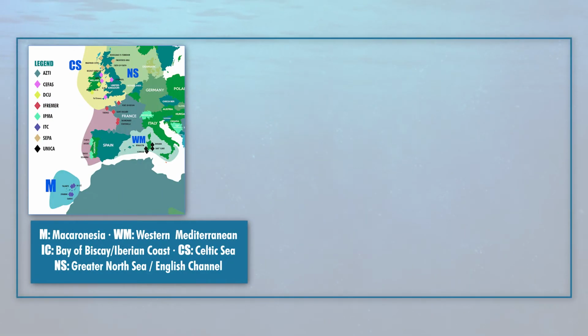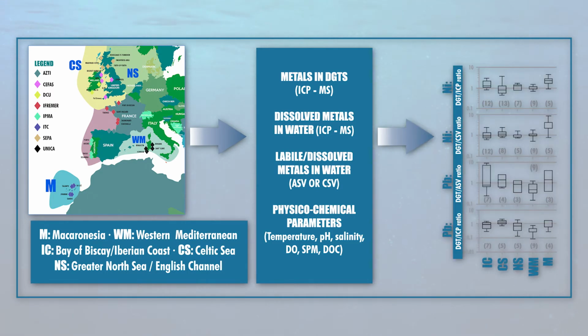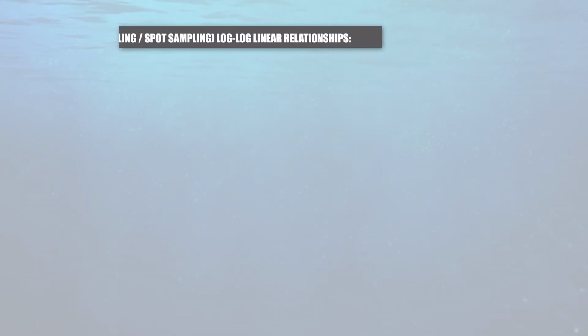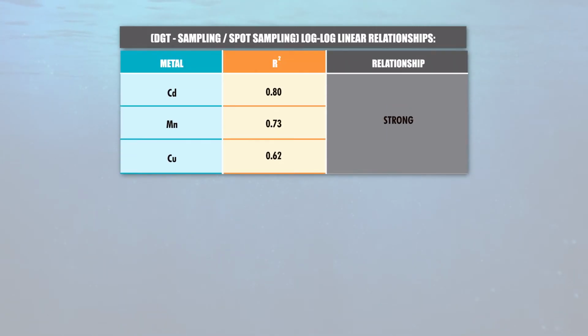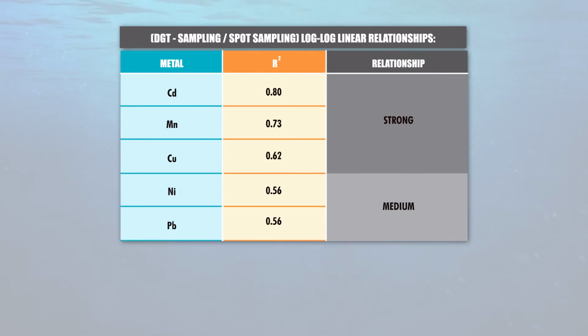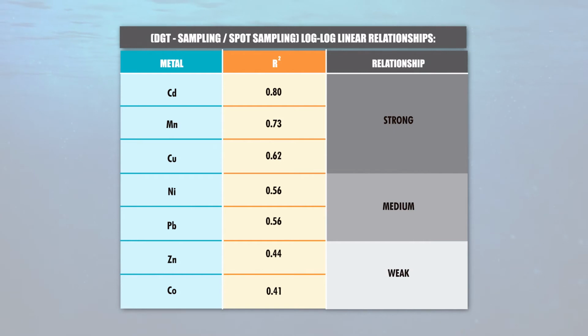Based on these data, the relationships between the dissolved labile metal concentrations measured in the DGT-type passive sampling devices and in discrete water samples collected during the DGT deployment time have been investigated. While strong log-log linear relationships between DGT sampling and spot sampling have been observed for cadmium, manganese and copper, medium relationships have been observed for nickel and lead, and weak relationships for zinc and cobalt.